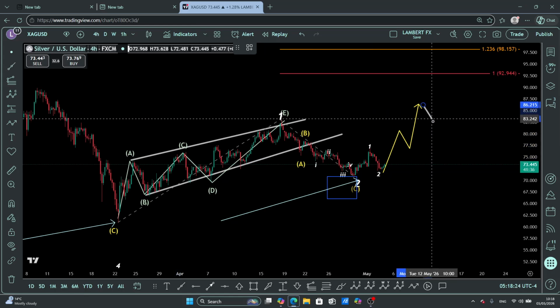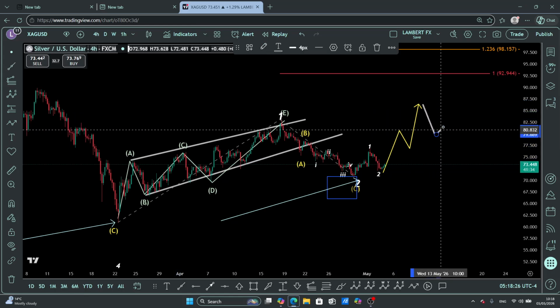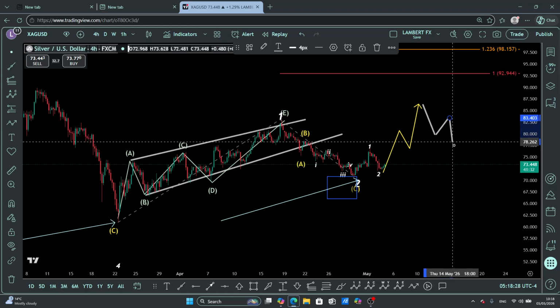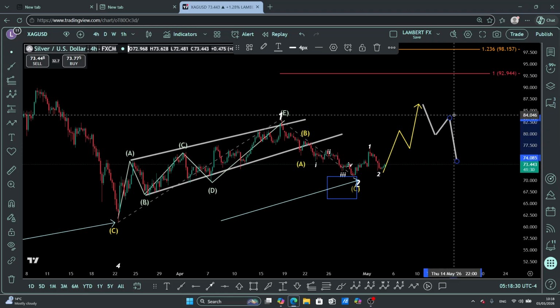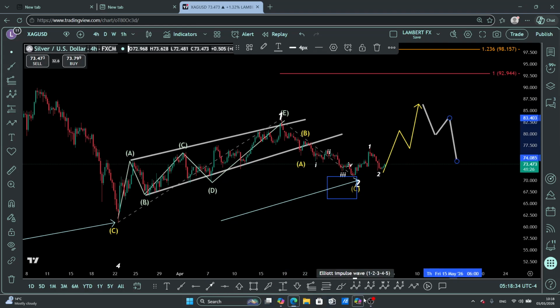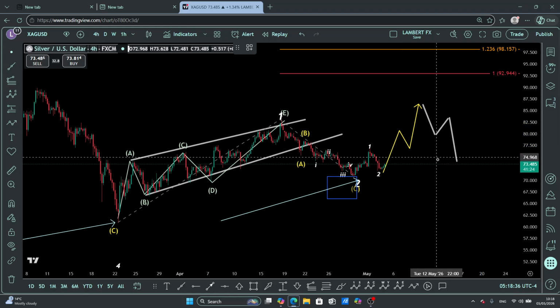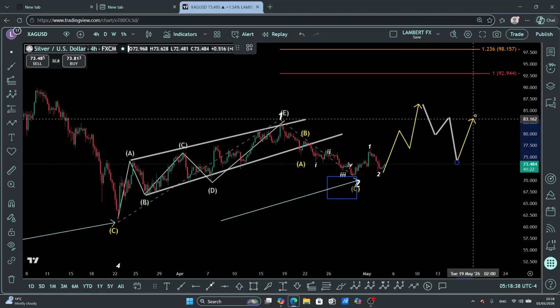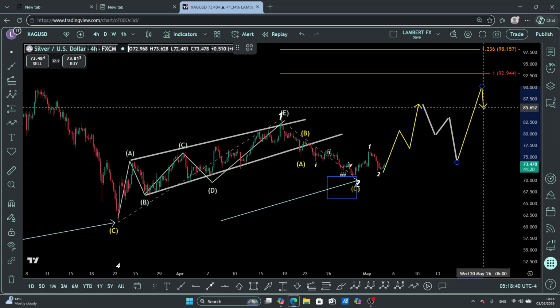So that could be your trading plan. Look for a correction like this, and after the correction, you can commence your long trades.